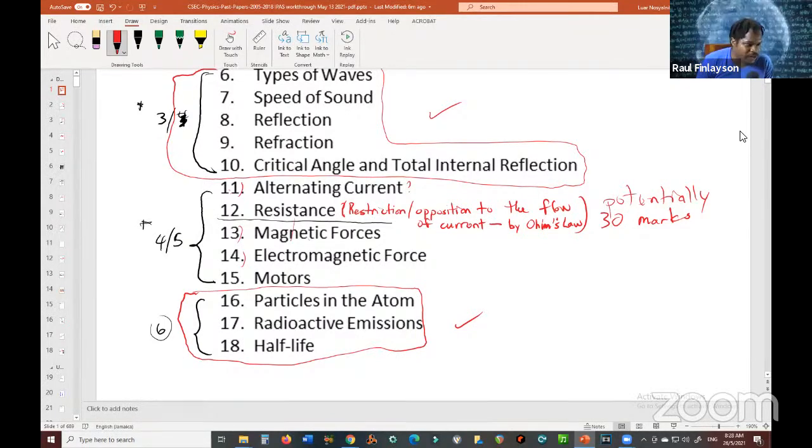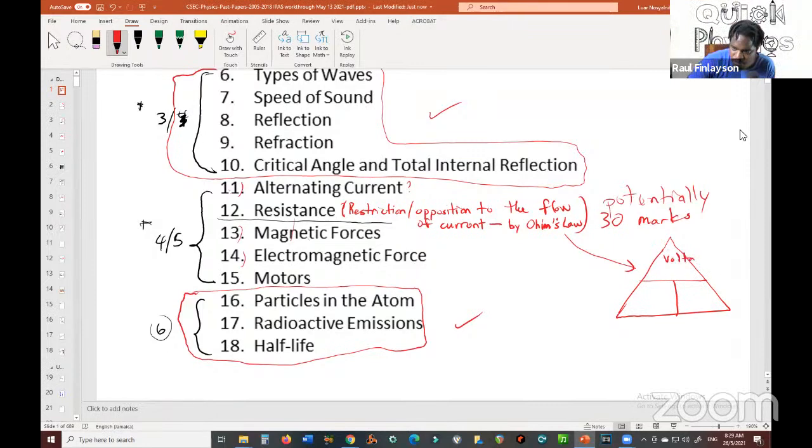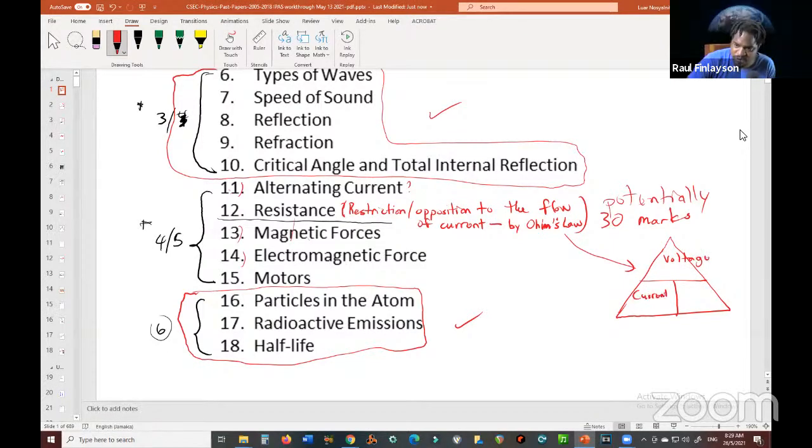It's the formula that tells you what current is in relation to voltage and resistance. So Ohm's law basically says that voltage and current are directly proportional.